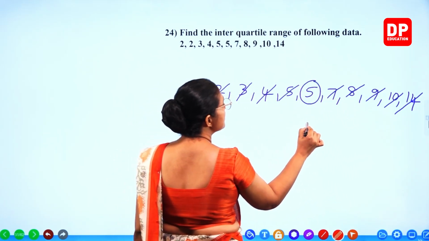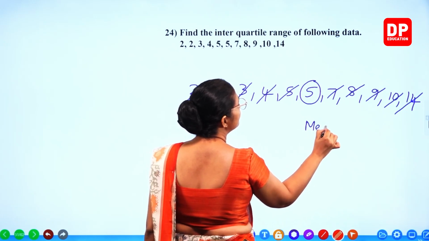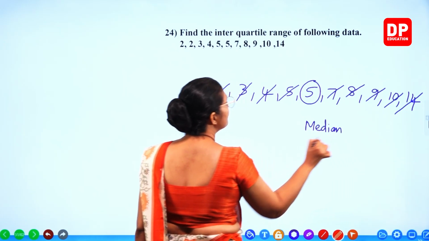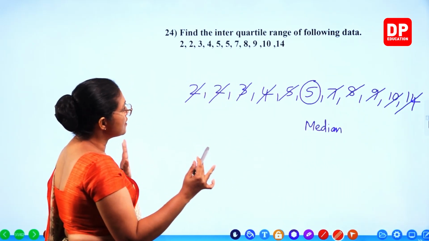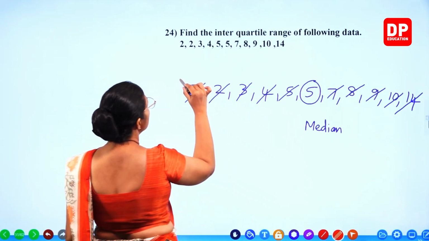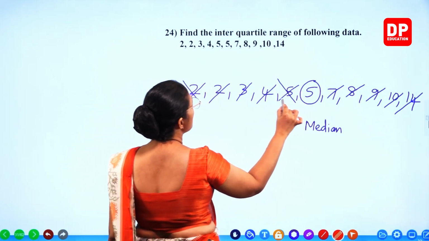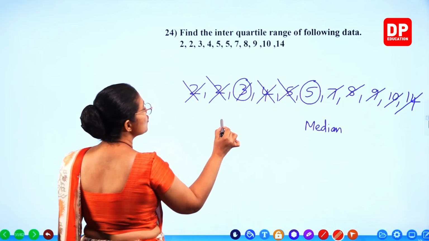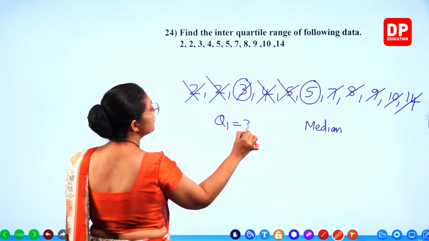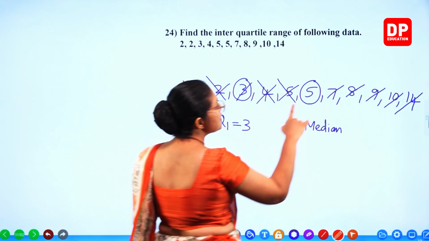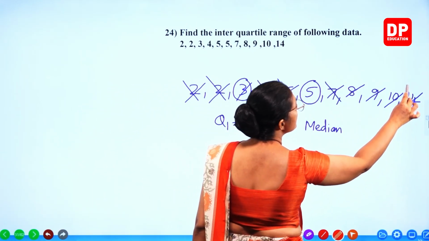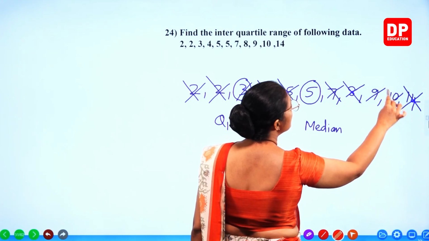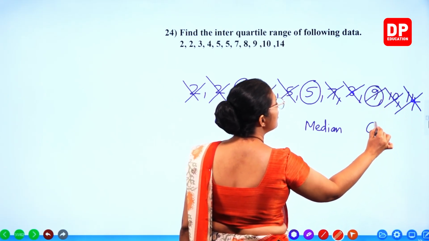So this is the median. Then you take the first half and find the first quartile. Cross it out again and find the middle of the first half. So the first quartile is 3. What about the second part? You cross it out and find the third quartile.